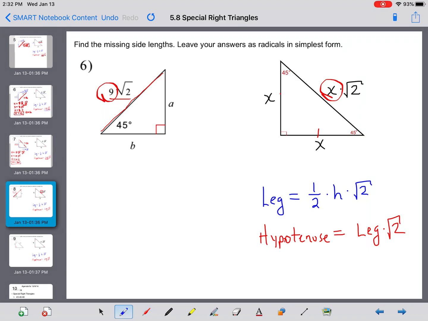That number is 9. So that means the legs would each have to equal 9. Take notice, when you're given the hypotenuse and it has a square root of 2 in it, it makes your life so much easier. The legs are going to be equal to whatever number is in front.